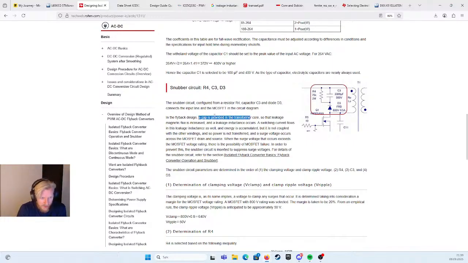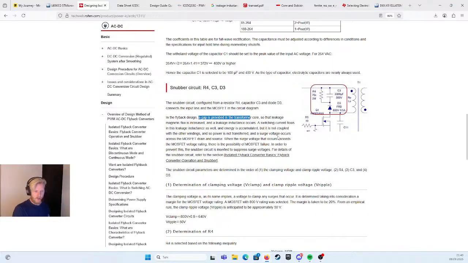Yes, this energy is then stored in the gap of the transformer core. So that leakage, it doesn't even have to be air or anything there. It's just stored there, I guess. So the leakage magnetic flux is increased and the leakage inductance occurs. Switching current flows in this leakage inductance as well. And the energy is accumulated, but it is not coupled with the other windings.